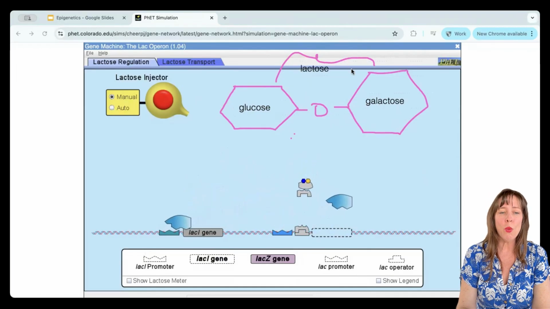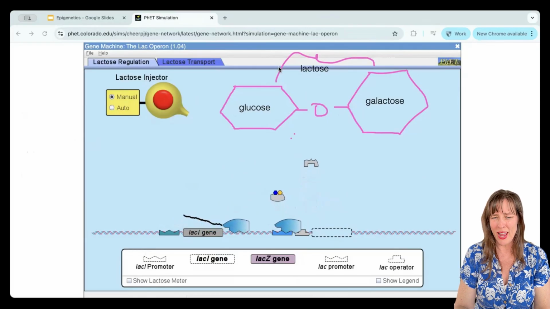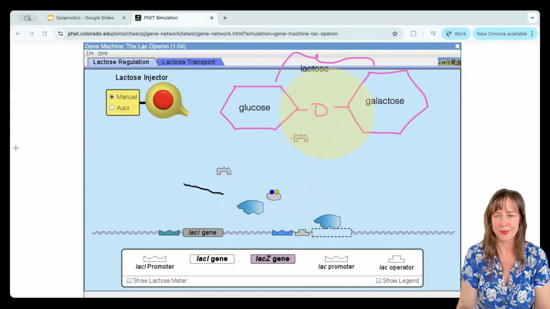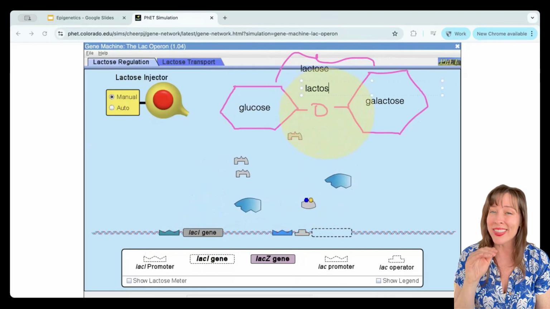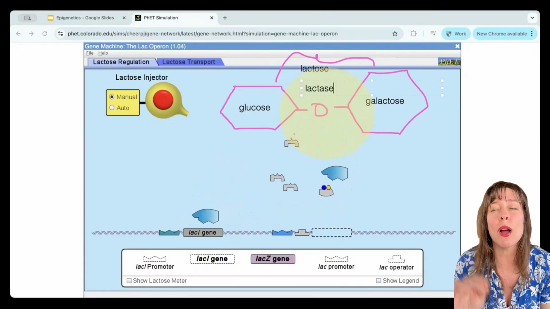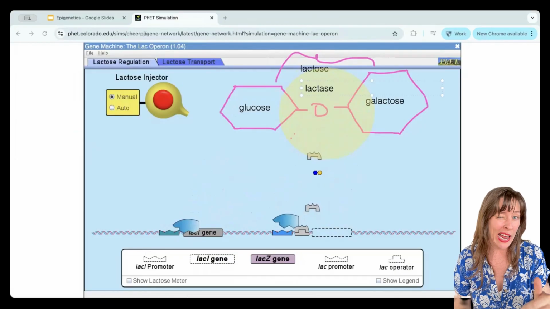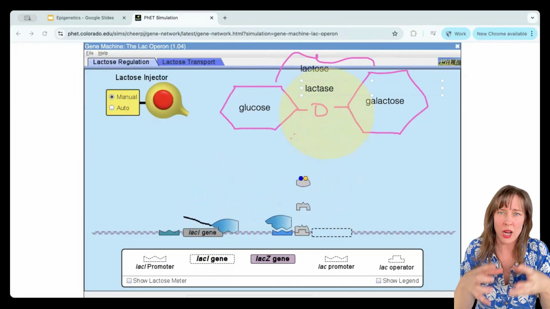Now, the way that we break that down is using an enzyme. So I'm going to make an enzyme. It's not going to be in the perfect shape. That enzyme is called lactase. So lactose gets broken down by lactase. That's a pattern we always see with enzymes: they either end in -ase or have the name involved somehow.